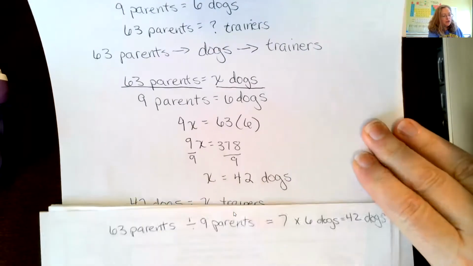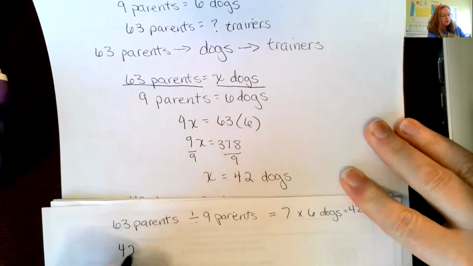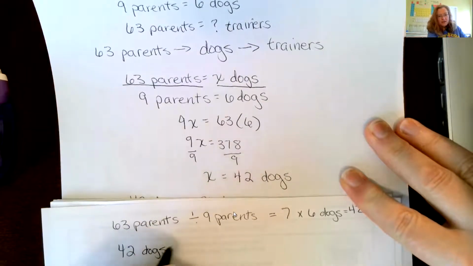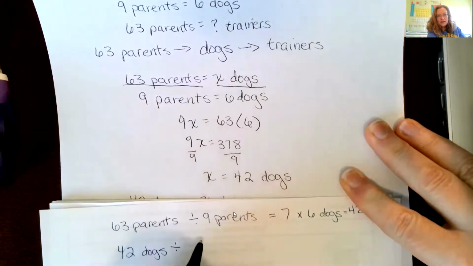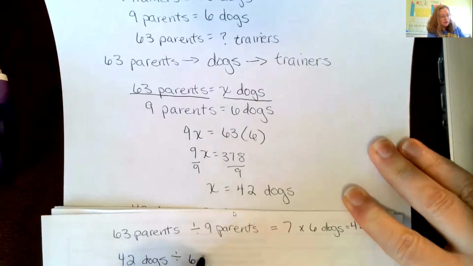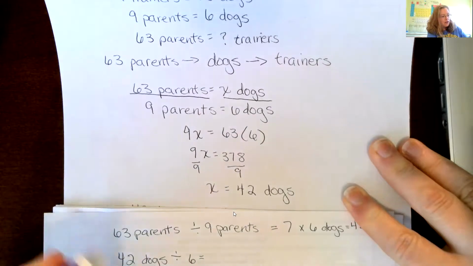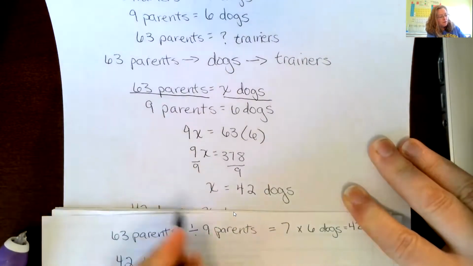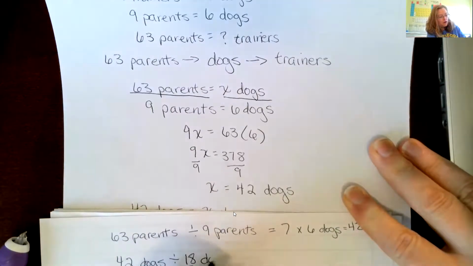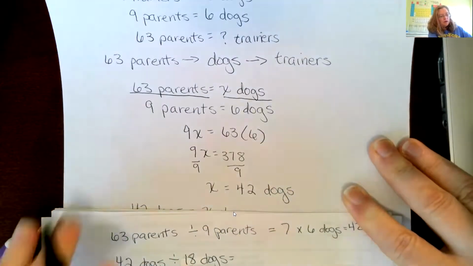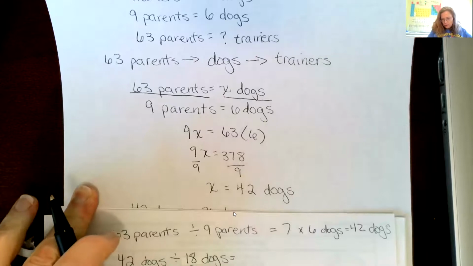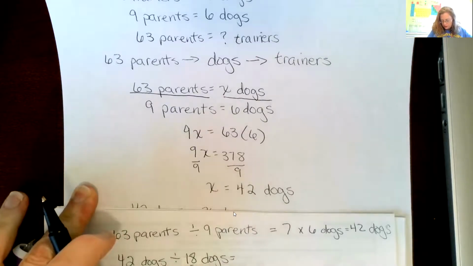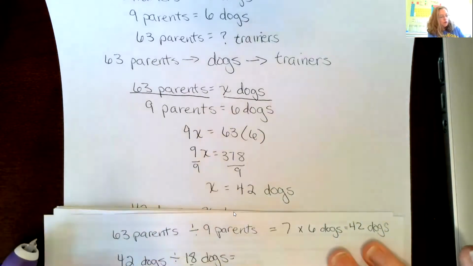Then with the 42 dogs, if I divide that by the 6 dogs, am I doing it wrong? Yeah, I'm doing the wrong thing. If I take it and divide it by the 18 dogs that are with the trainer, that is equal to 42 divided by 18, which is 2.333.